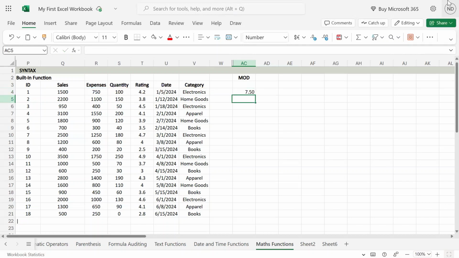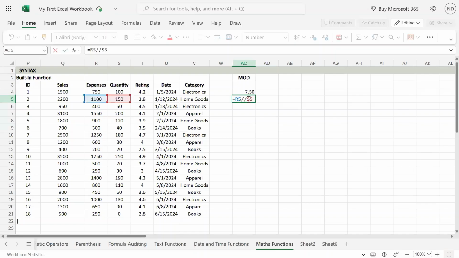But if I try to divide 1100 by 150, I may get some odd answers, but there would be a remainder. In arithmetic operators, we have seen the percentage symbol giving me the remainder.